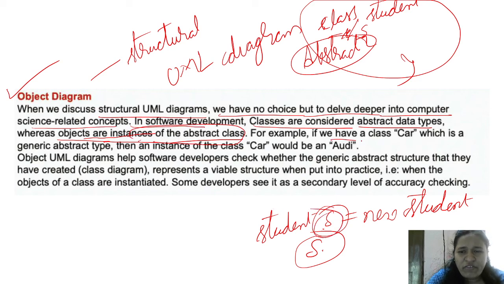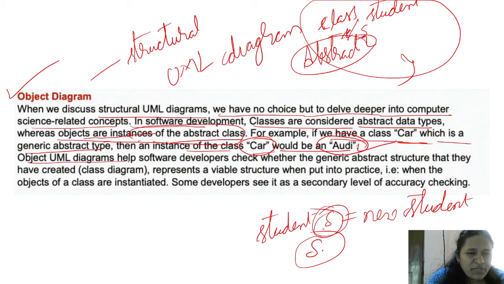For example, if we have a class car, which is a generic abstract type, right? We created the car as a class. Then an instance of the class car would be RD. We are creating a car object that is RD.